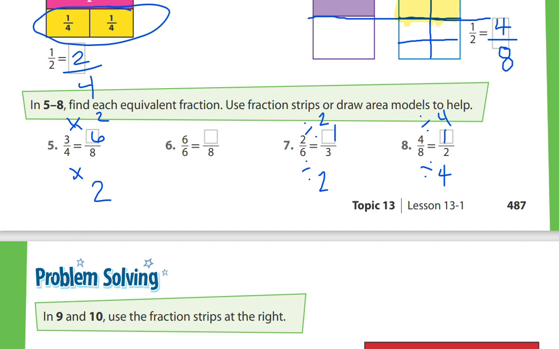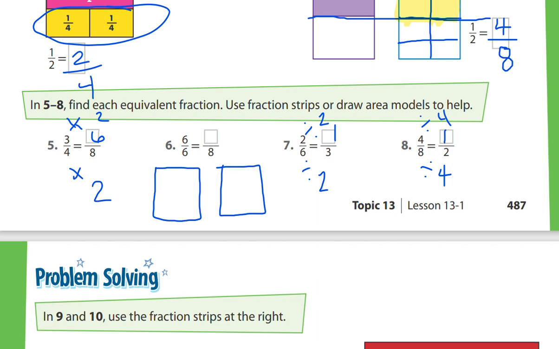Now, you could also draw a picture for every single one of these as well, if that would make it a little bit easier. Okay, so on number 6, let's go ahead and draw a picture and see if that helps us a little bit. I am first going to draw, my rectangle is going to be the exact same size for both of my drawings. Okay, try to make them as equal as possible so that it makes this a little bit easier.